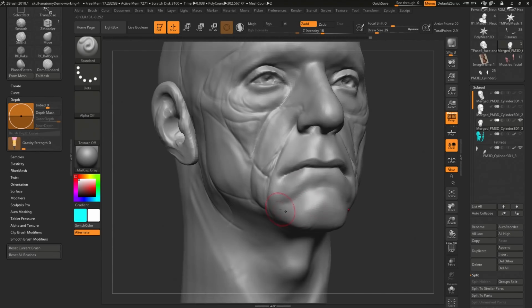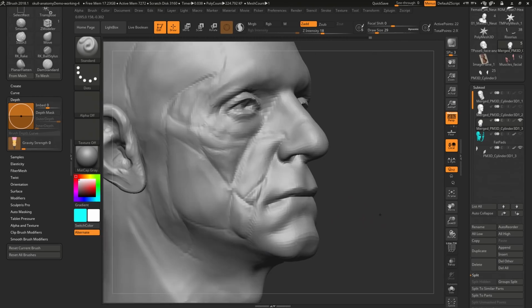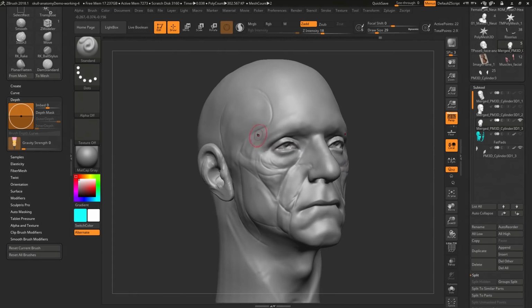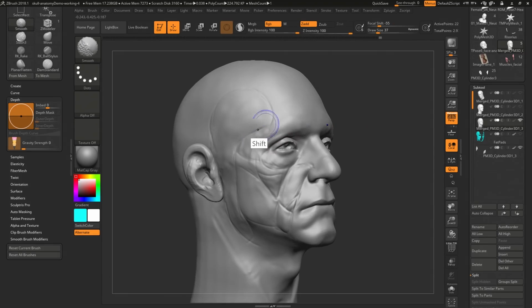Okay, we didn't even get into fat pads that are right in this area or any of that stuff. Not essential just yet. But let's see what we can do in terms of bringing this stuff to life. So I'm going to come in and smooth out a little bit of edges.